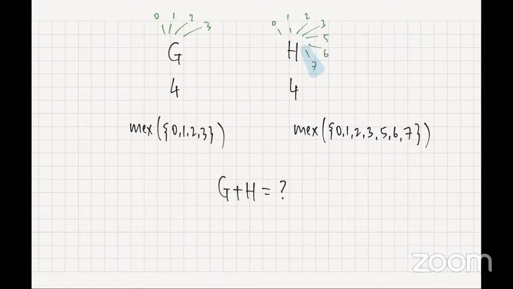So as the opponent, you're going to leave G alone and you're going to play in H and make H work out to 4. And this you can always do because you've moved to a game where 7 is the smallest excluded number, which means all the numbers less than 7 are available to you. So in that game, you can pick the move that takes you to a game whose number is 4, as far as H is concerned, and G stays intact. So you've moved to 4 plus 4, right?